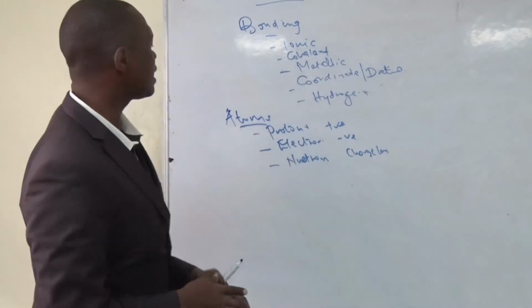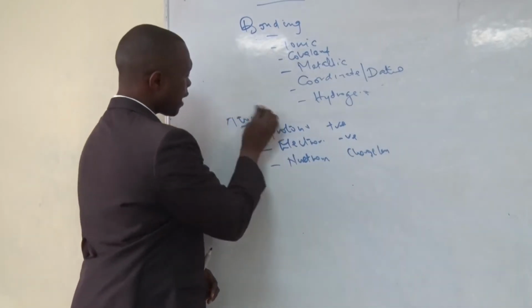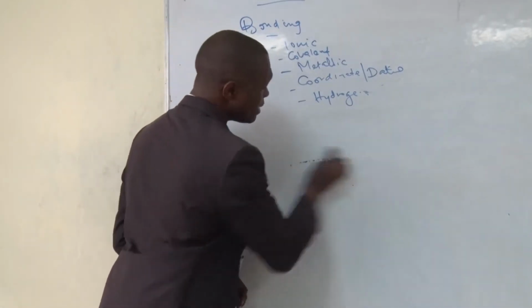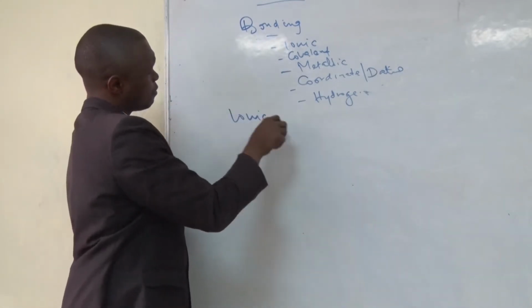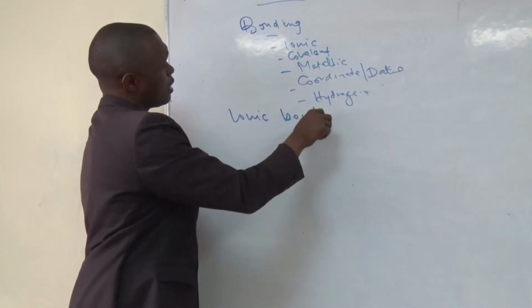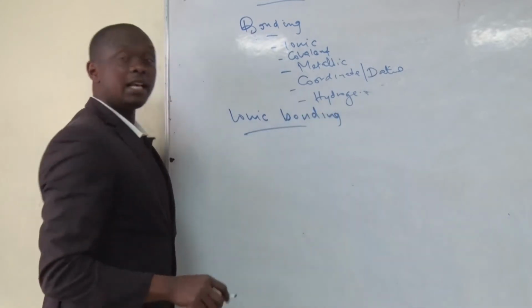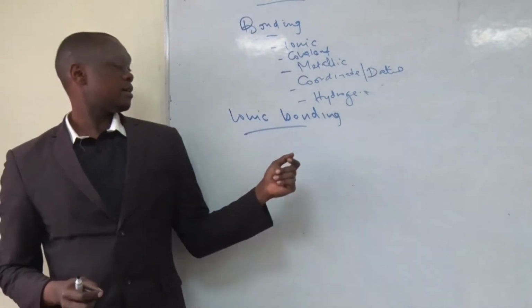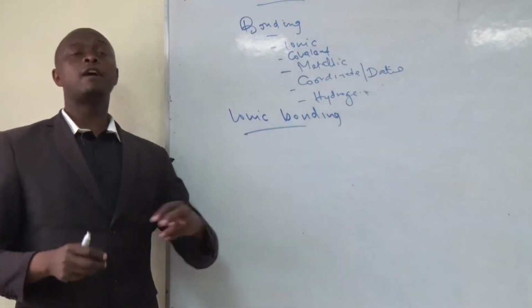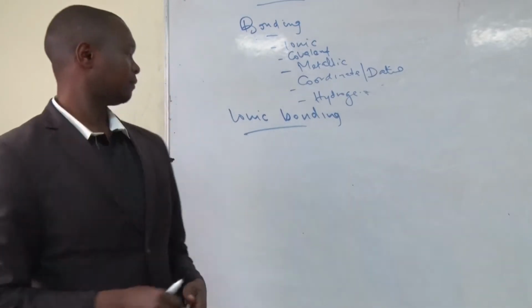Now, let's look at the formation of ionic bond. How does ionic bond form? We have said that in ionic bonding, the electrons are transferred from one atom to another.